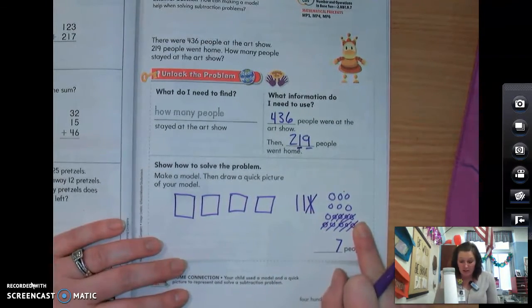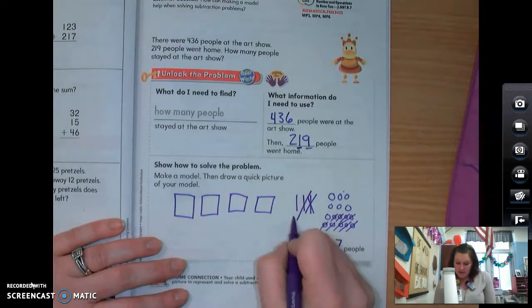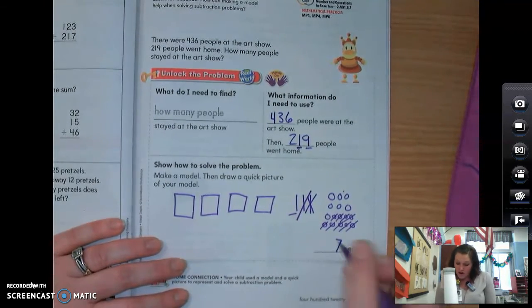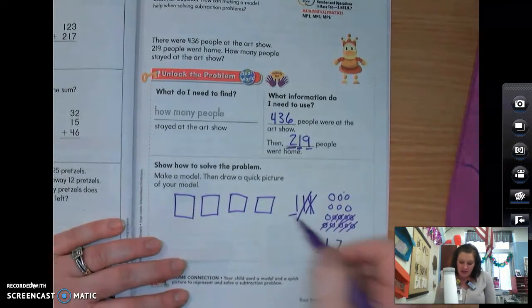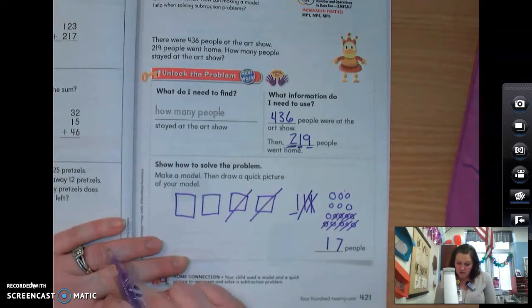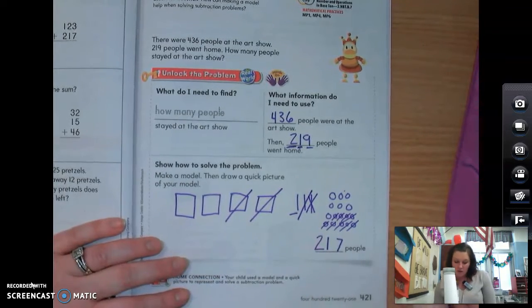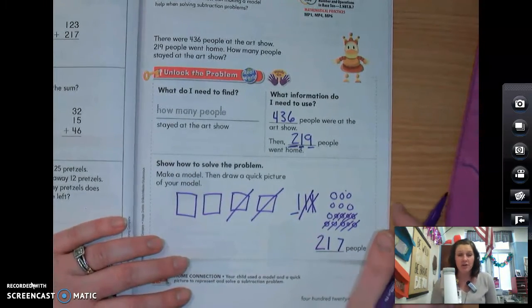It's not been subtracted. So I still need to subtract a 10, and I'm going to cross out that one. So now how many 10s do I have left? 1. And then there are 2 hundreds that I need to cross out. 1, 2. How many hundreds are left? 2. So the answer would be there are 217 people who stayed at the art show.